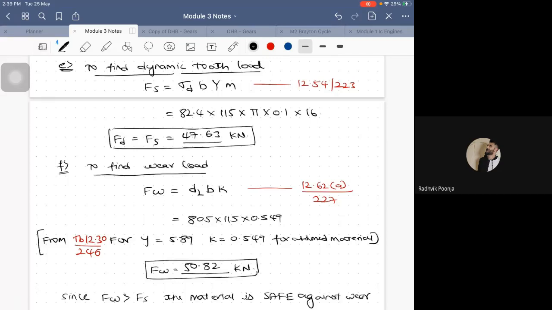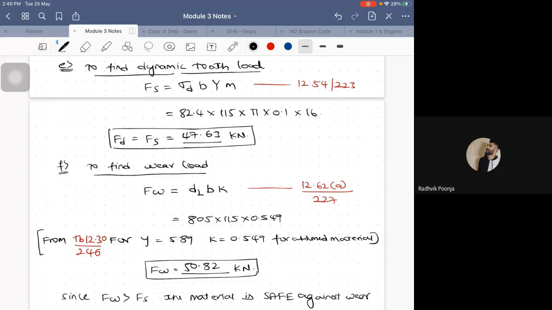Once the loading calculations are done, what is the next procedure we need to follow? The wear load is done, the dynamic load is done. We have compared them and concluded that it is safe against the wear.